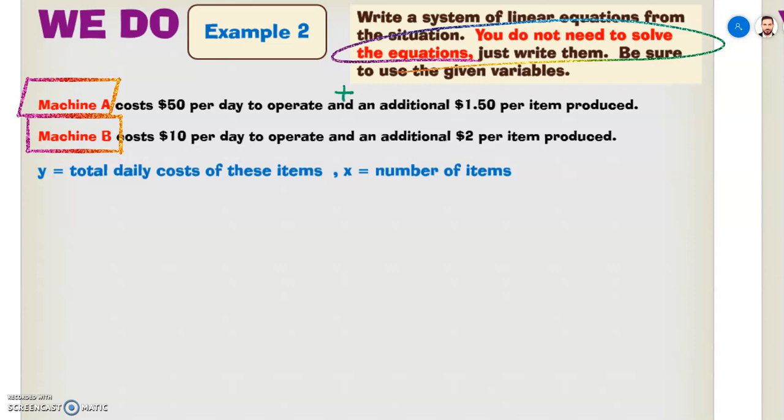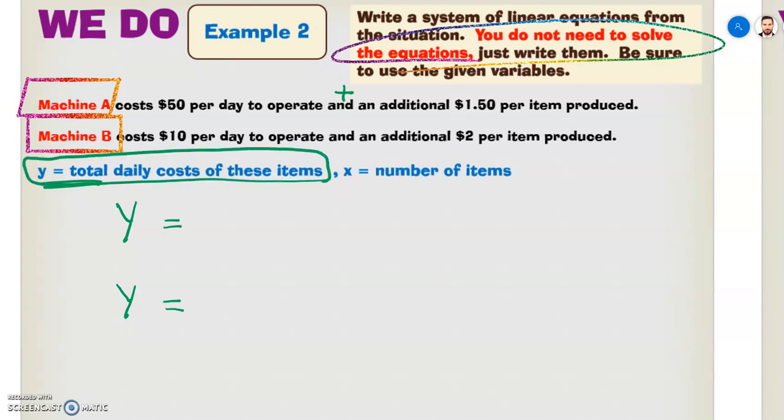Let me write it. Here, written in the blue part: use Y as the total daily cost of these items, and X for the number of items, which is the variable that changes. So Y is the subject for machine A and Y is the subject for machine B. Let me write here.